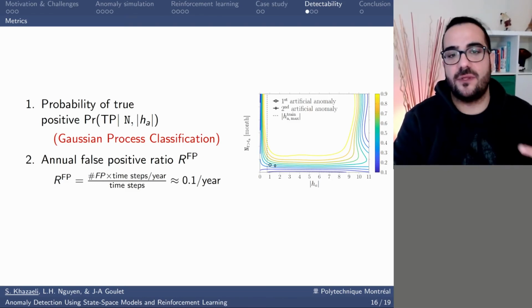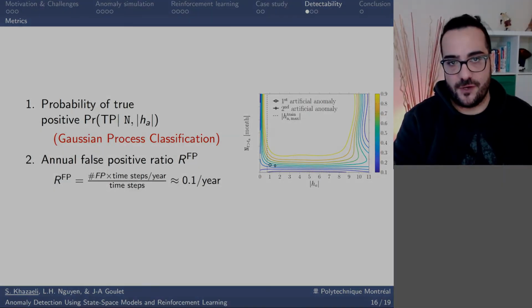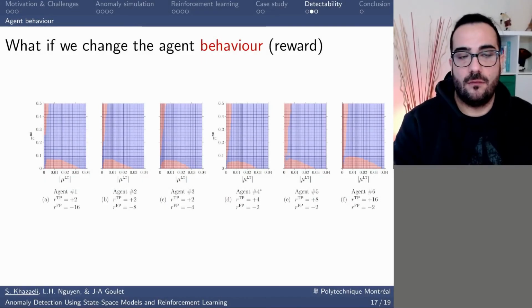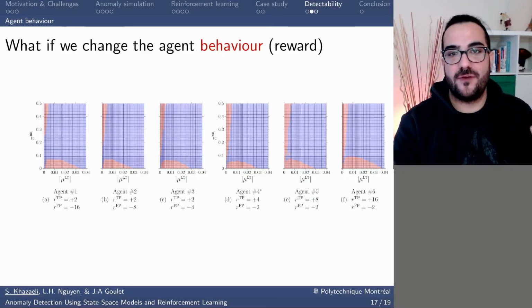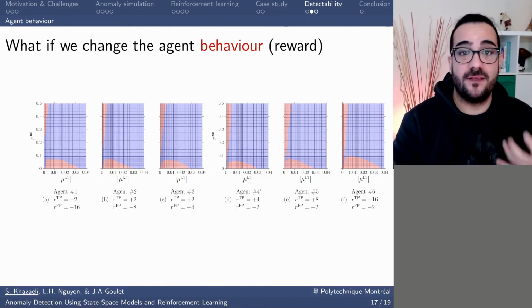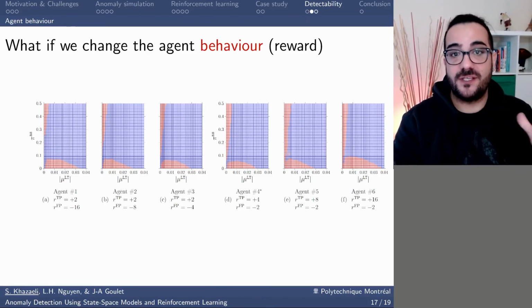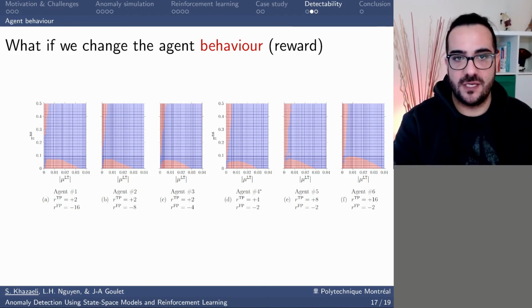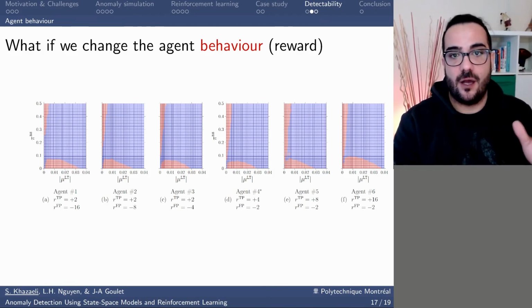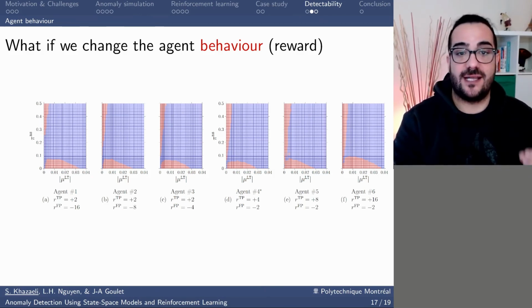Now let's examine different agents' behavior. We can change the agent's behavior by changing the reward values. The figure shows the policy maps for different agents with different reward values. Figures A, B, and C are associated with agents that have an equal true positive reward, but the false positive rewards are different.